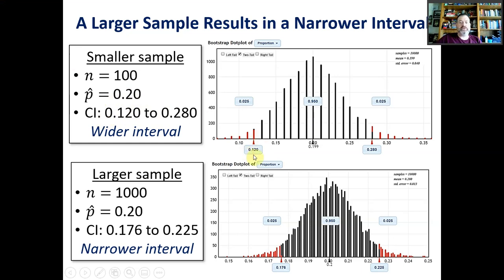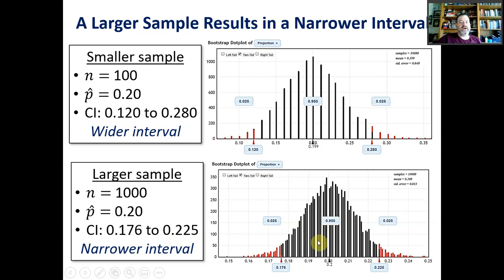You would get the confidence interval of 0.120 to 0.280. That's a pretty wide interval, right? That's a big range of sample statistics for where the parameter would be.